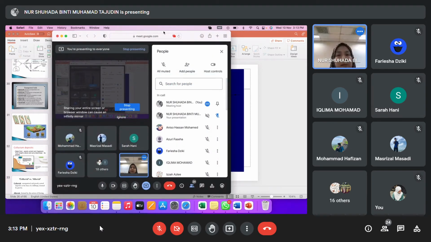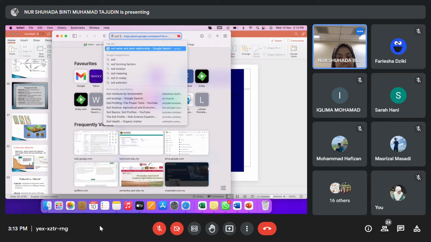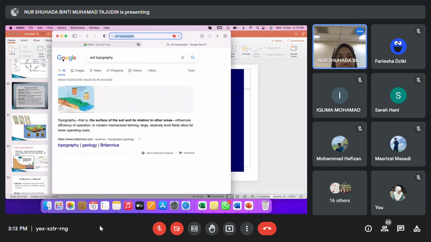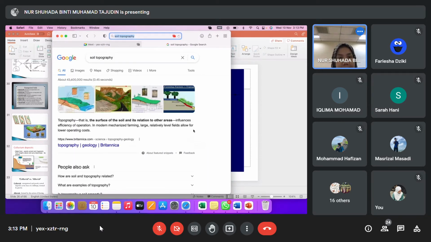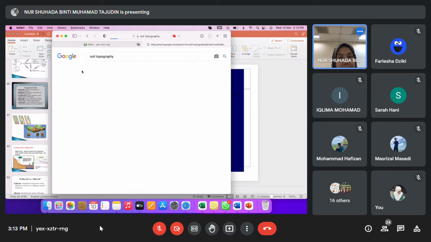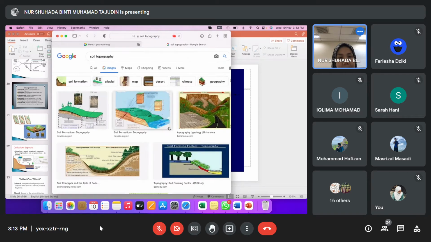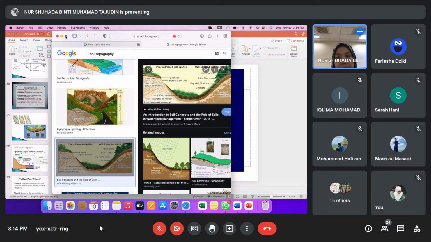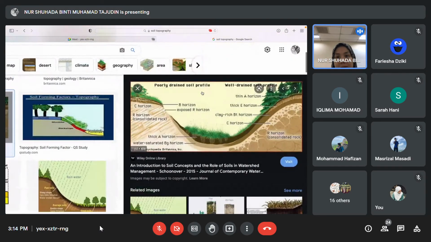Ada. Okay, boleh nampak tak saya punya screen?